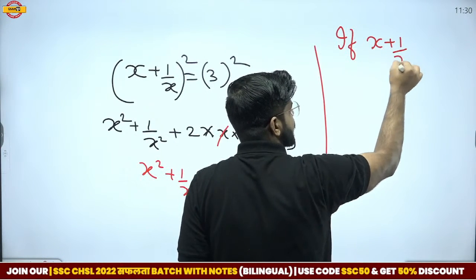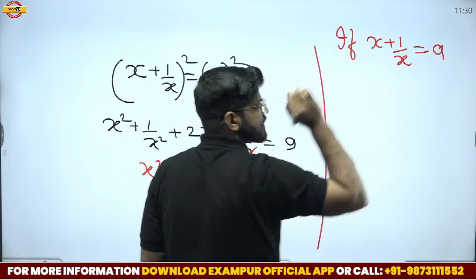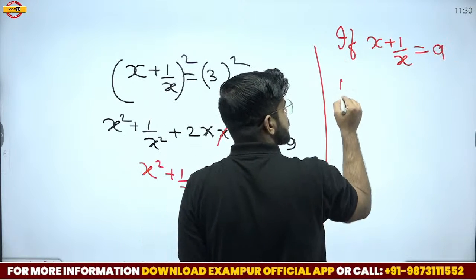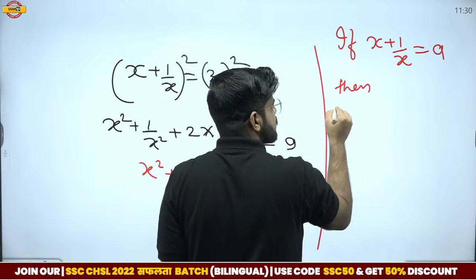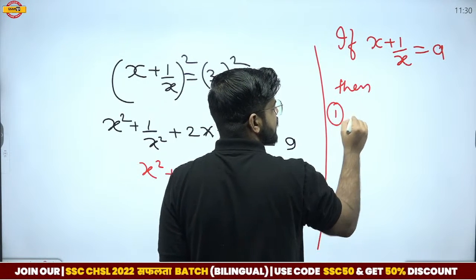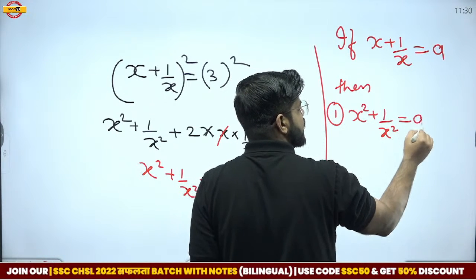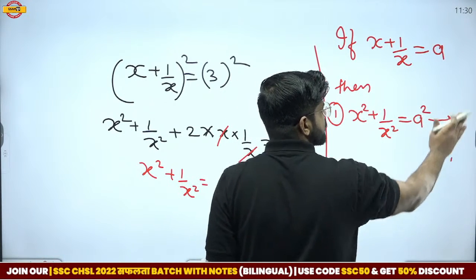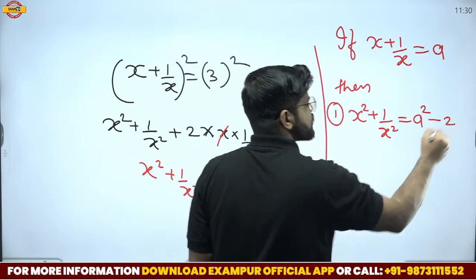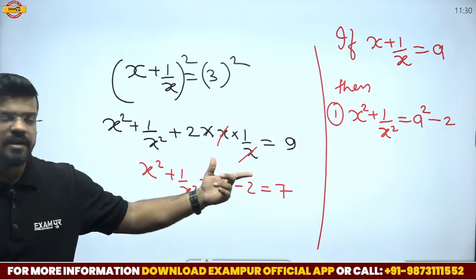So now, if x plus 1 upon x is equal to a, then remember first thing, x square plus 1 upon x square is equal to a square minus 2. A square minus 2, that we have done earlier, right?